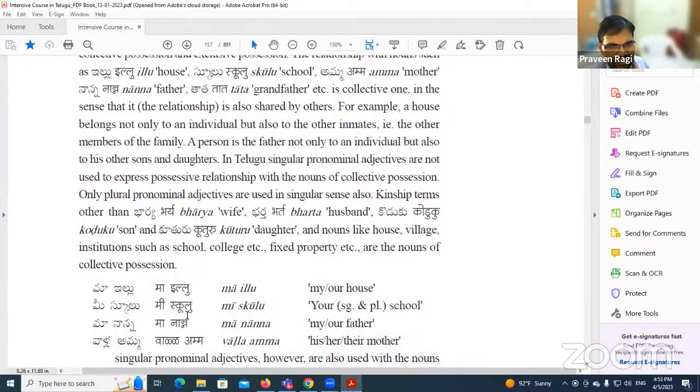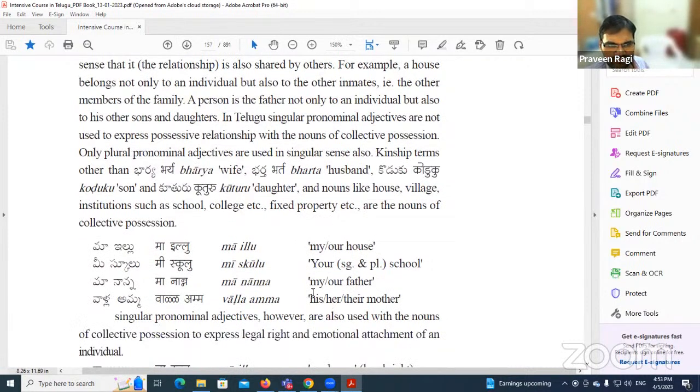Ma illu means my or our house. Here we used ma because it can be common. Usually we don't say na illu, we say ma illu, because it is a property of the family.